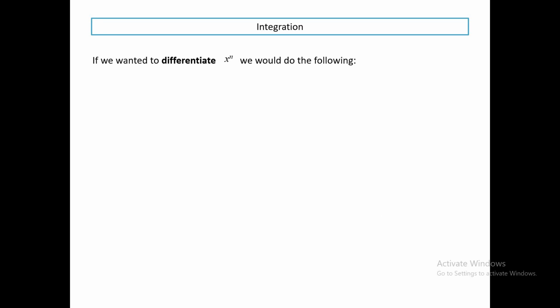Integration is the opposite operation of differentiation. Okay? Let's remember how to find the differentiation of the expression x power n. If I have an expression x to the power n, the derivative multiplies by the power.